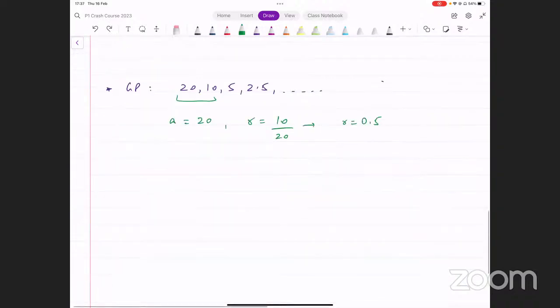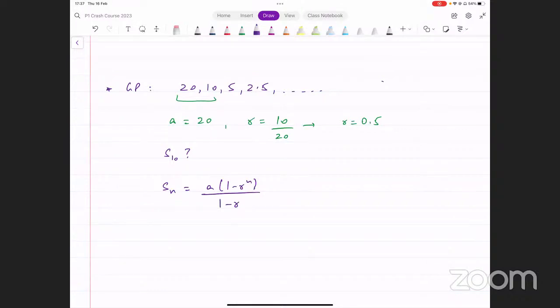Now, let's say we were interested in the sum of the first 10 terms of the sequence. Now, how do we think about this? You could just use the formula. Sn is A into 1 minus R raised to power n divided by 1 minus R. This is what the sum of n terms looks like.